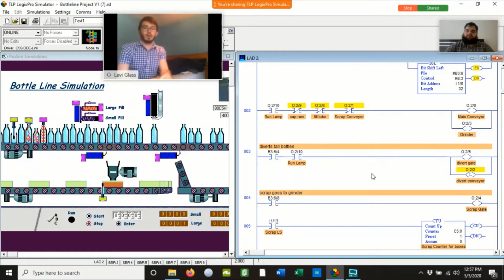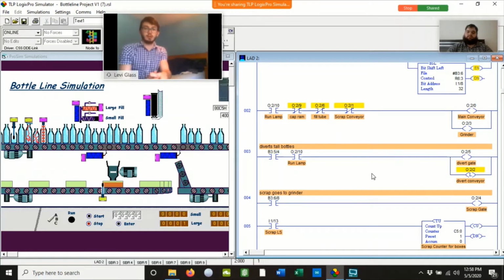We also have it set as a latch so that it stays on after the first bottle goes through. A lot of times running the simulation, we have this problem where it starts up counting the small ones, but once it gets going, it only counts the large ones. You probably saw on the simulation itself that it was working the way it should.